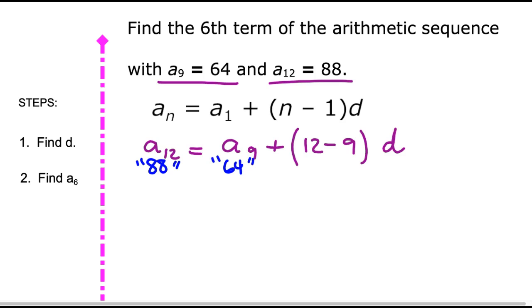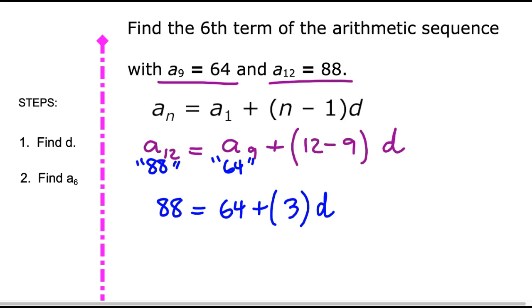So really the only missing value that we need to solve for in the equation here is the difference, d. So when does 88 equal 64 plus, what's 12 minus 9? 3 constant differences away. So that's going to be what?